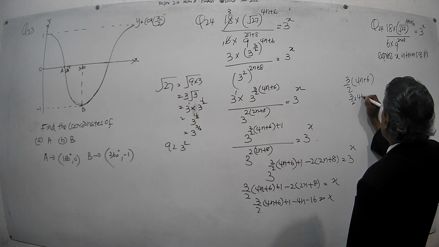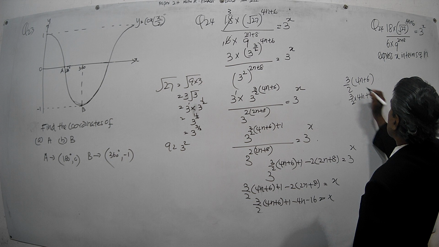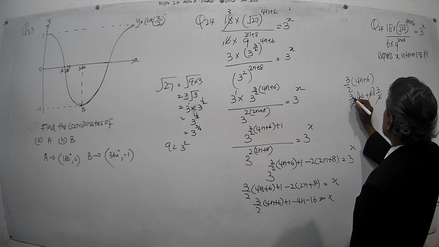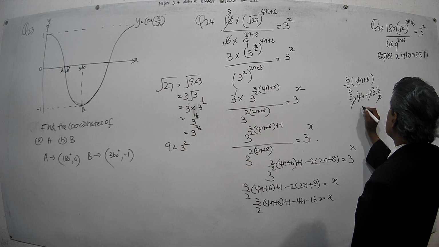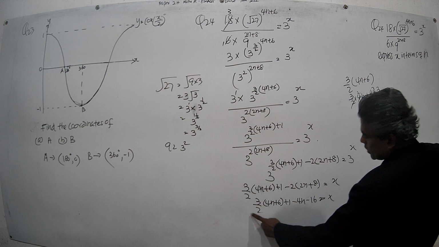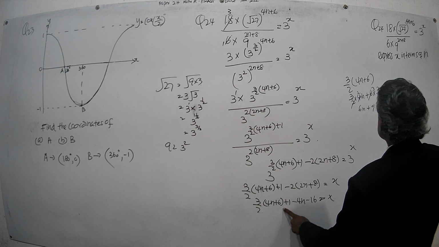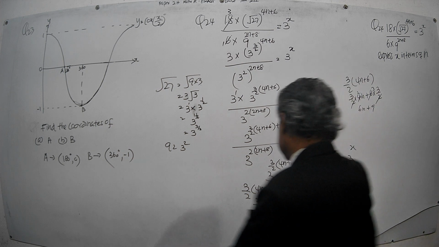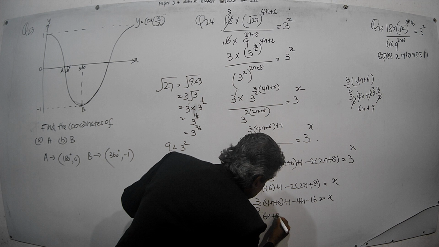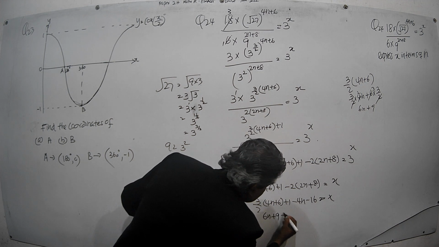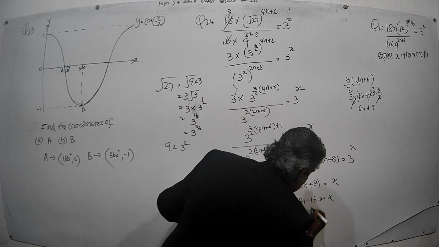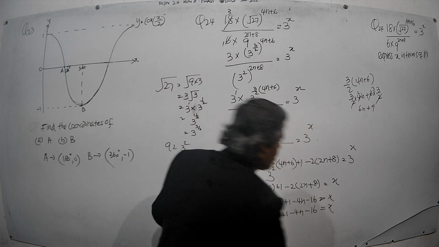Then 3 over 2 into this 4n, then plus this 6 also multiplied by 3 over 2. Then this one cancel 3, this one cancel 2. Then 3 times 2n is 6n. Then 3 times 3 is 9. Like that. Then when the brackets are removed, the answer is 6n plus 9. That is this part. Then this plus 1. Then this minus 4n. Then this minus 16. Then this equals x.